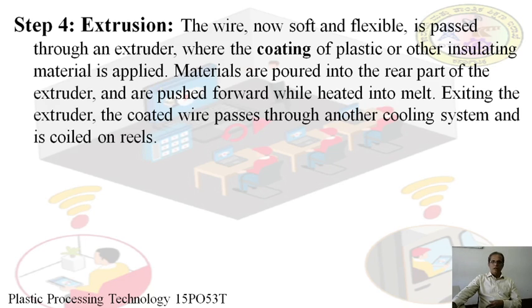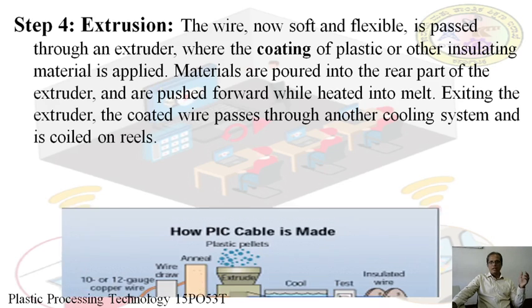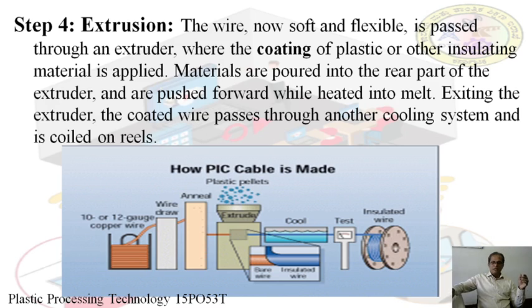Materials are poured onto the rear part of the extruder and are pushed forward while heated into a melt. Exiting the extruder, the coated wire passes through another cooling system and is cooled on reels. In this diagram, you can watch how the PVC cable is made.